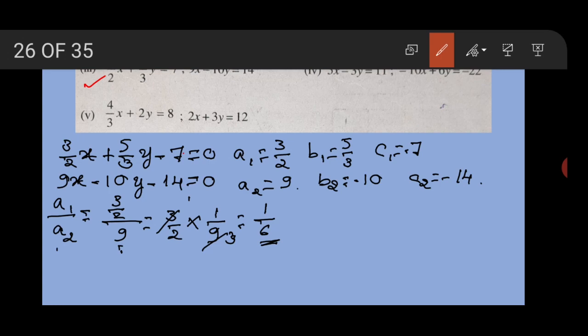Again find the ratio b1 divided by b2. It is equal to b1, 5 divided by 3, divided by b2, whose value is minus 10.